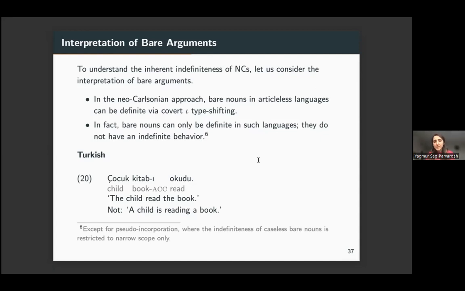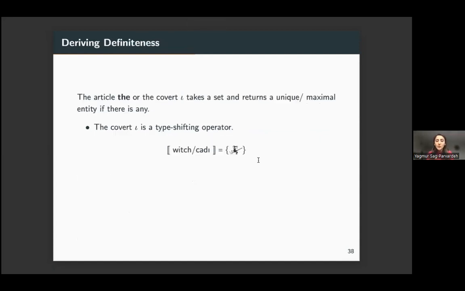Look at Turkish, for example. When I say çocuk kitabı okudu, çocuk is interpreted as definite, and kitap is interpreted as definite. We don't have a translation like a child is reading a book, but it's interpreted as the child read the book, right? So let's see what I mean by covert iota type shifting.